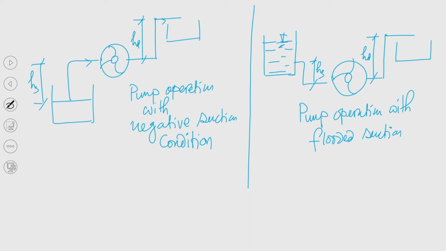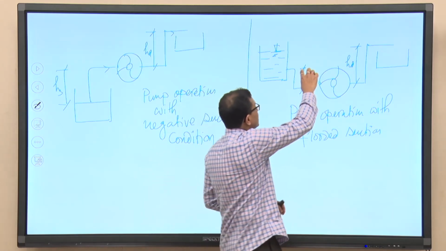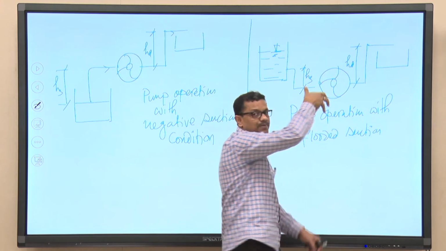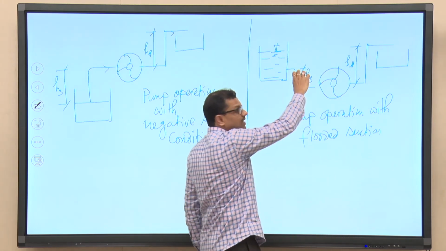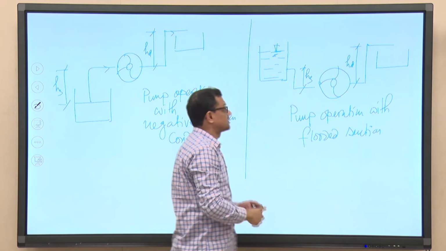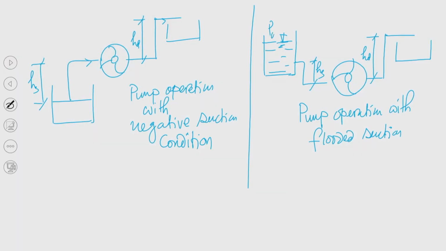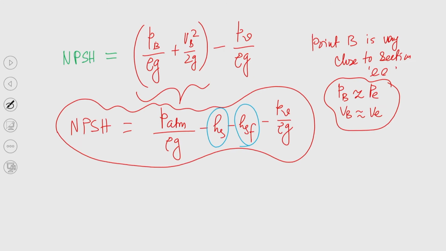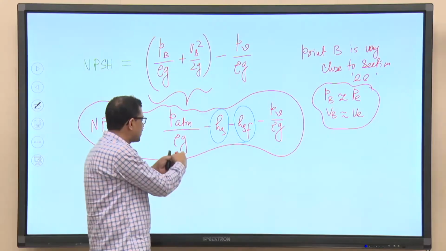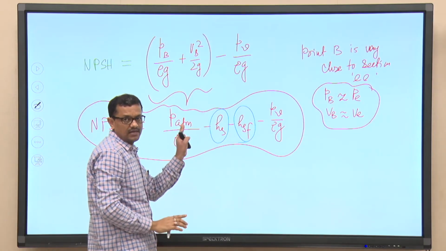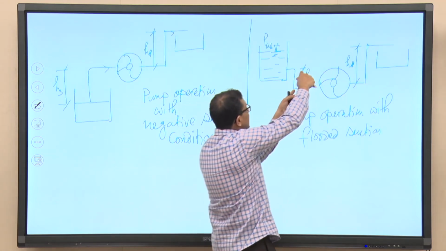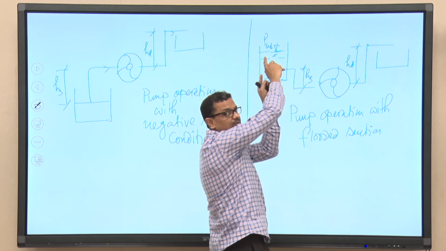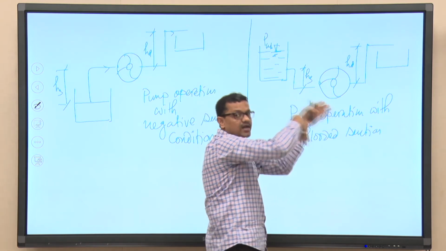Right. Why is it flooded suction? As if this Hs will always keep the impeller flooded, as if there is available head on top of this atmospheric pressure. So, P atmospheric is acting over there. Now, if we go back to the slide, P atmospheric by rho g plus Hs, right, this Hs will be plus in this particular case. So, this head on top of the atmospheric pressure will try to keep the impeller flooded always.